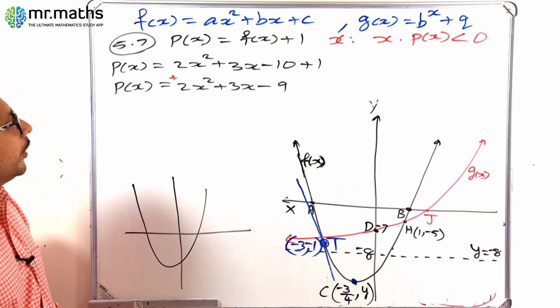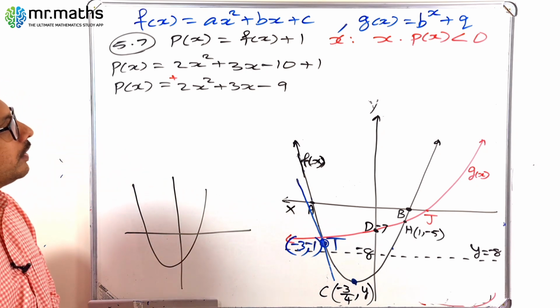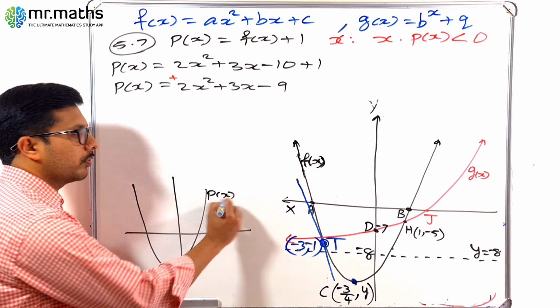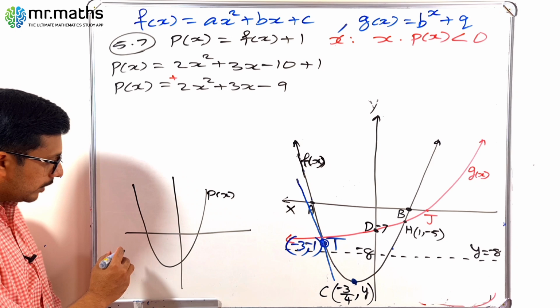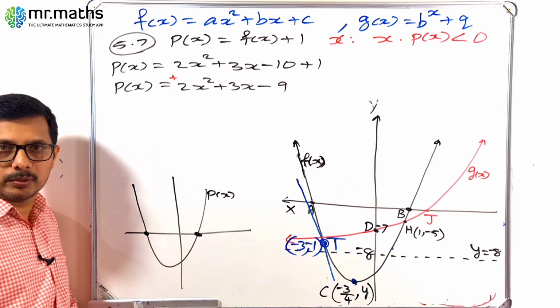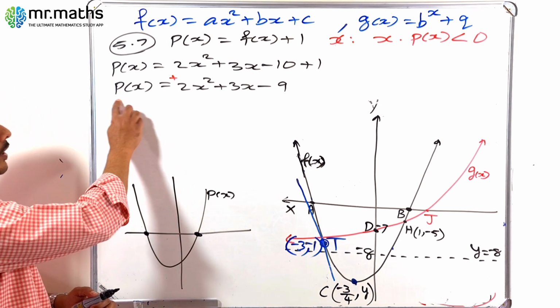Anyway, 2x square plus 3x minus 9, that is p of x. So assume that this is the p of x graph. Now look at these points. These are the x-intercepts. So let's try to find the x-intercept first. How can you find the x-intercept? y is 0. So y means this p of x.